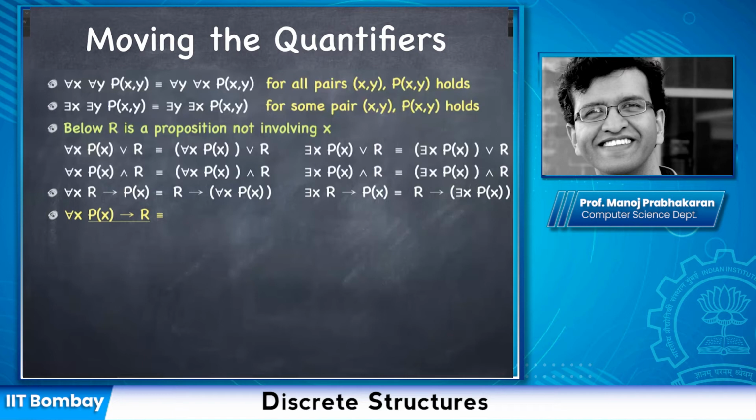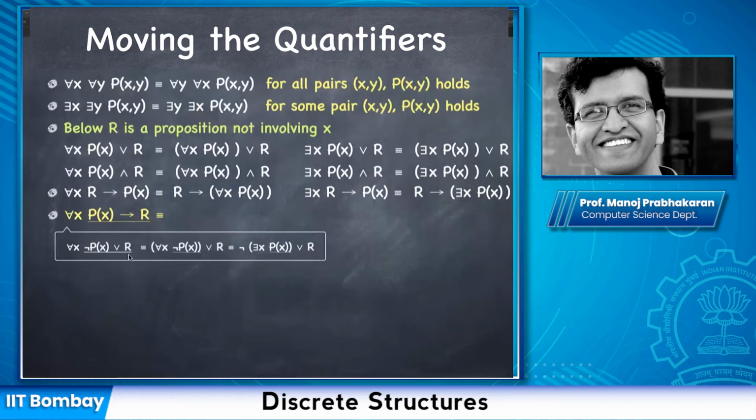So let's see what this is. Px implies R is simply not Px or R. Okay, and I put this underline to emphasize that the scope goes to the end. So this is just, for all x, not Px or R.